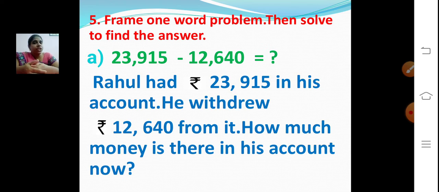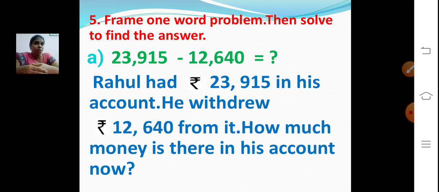23,915. He withdrew 12,640 from it. So he has 23,915, and from that he has withdrawn 12,640. Will his money be added or subtracted?